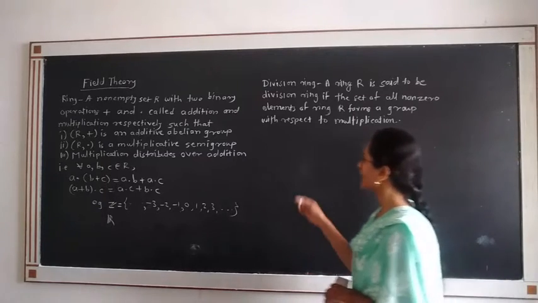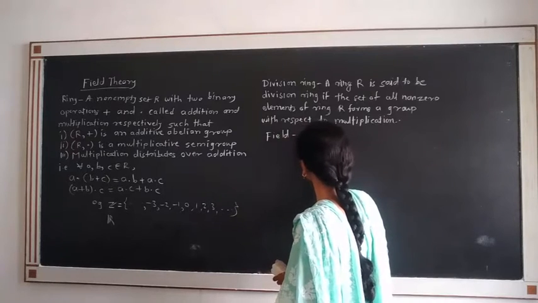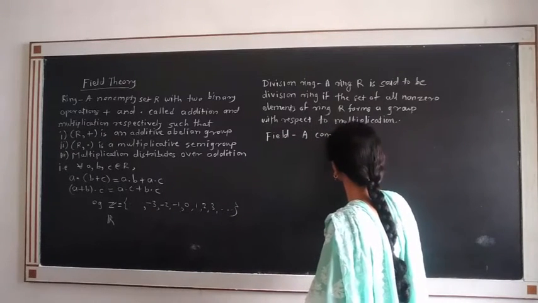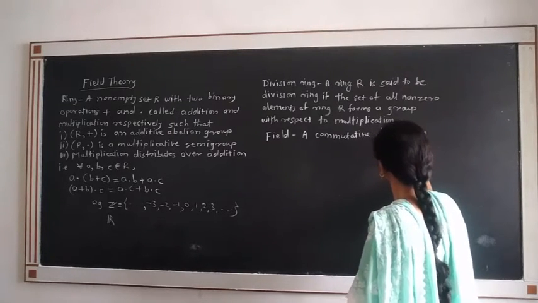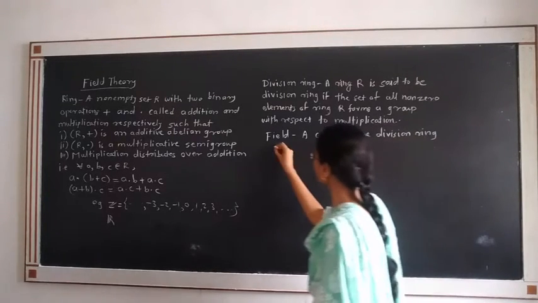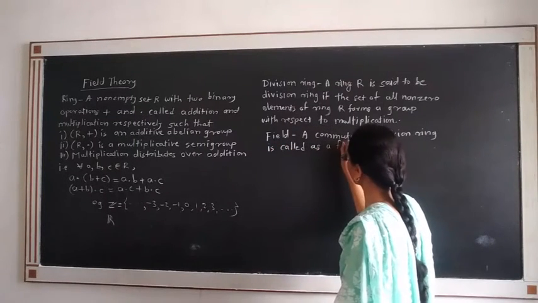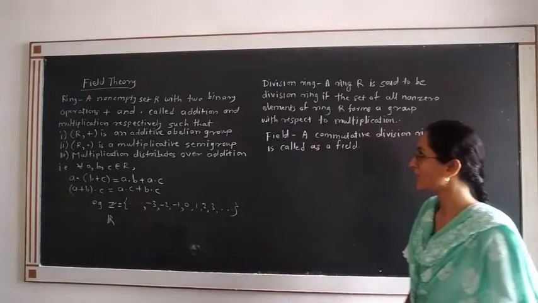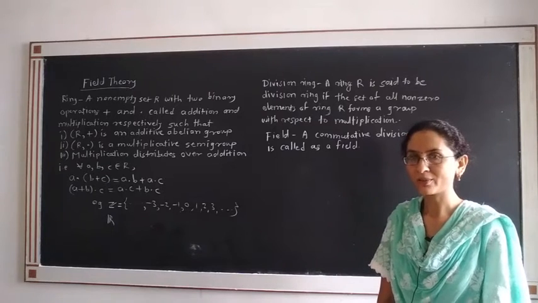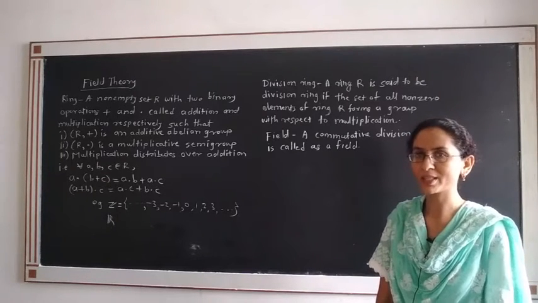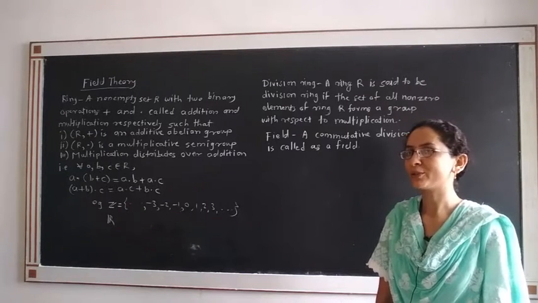What is a field? A commutative division ring is called a field. Meaning, a field is a ring for which the set of all non-zero elements forms a group with respect to multiplication, provided that the ring should be commutative.